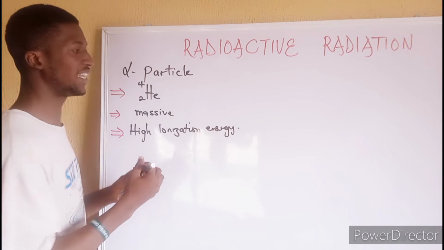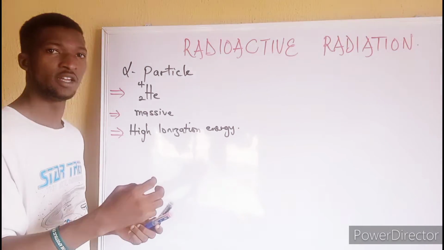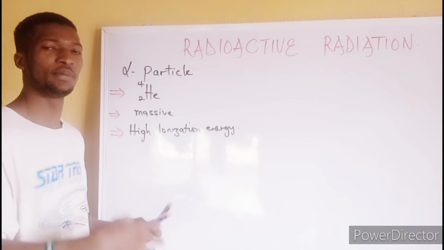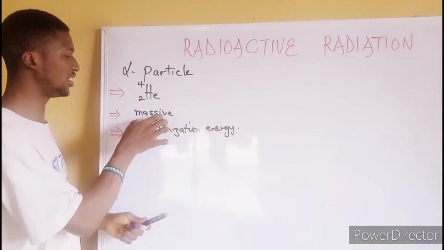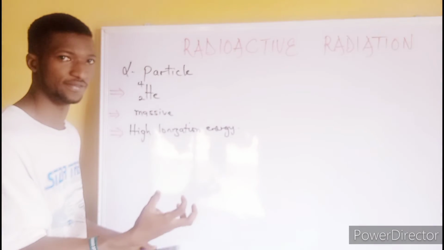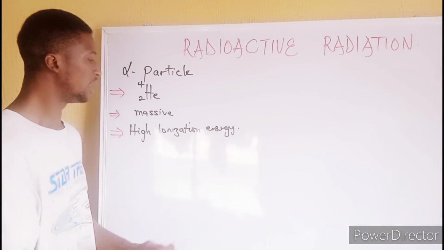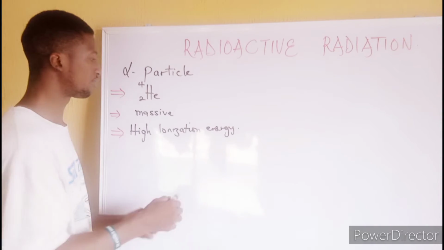Ionization energy is the energy required to cause an atom to lose an electron such that the atom becomes an ion. And due to the fact that it is very massive, it will not be able to penetrate through a lattice. Instead, it will cause the atoms that make up the lattice to form ions.